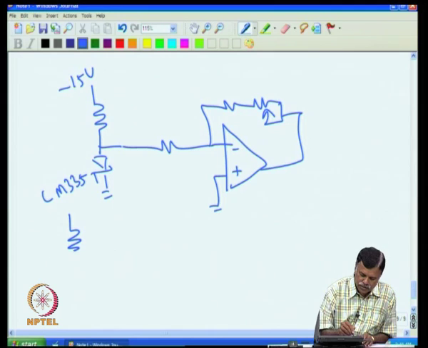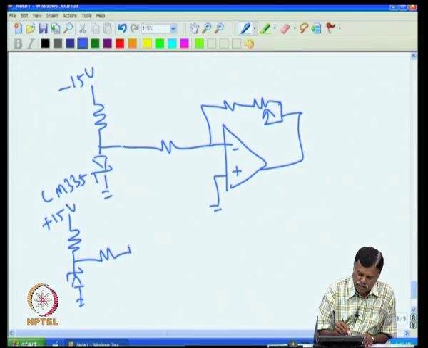Then for the reference ZNR 2.5 volt, I will put plus, because when this is minus, this must be plus, then only it will take care of that.